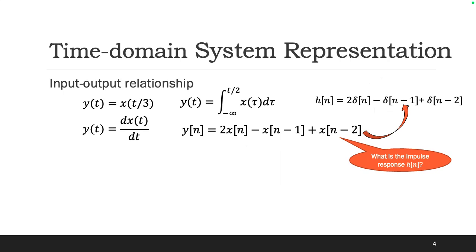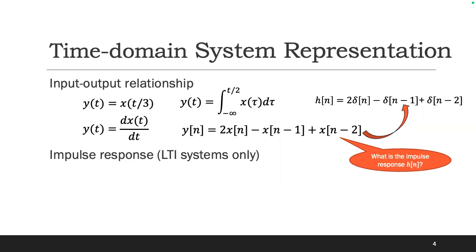And hn convolution with xn is the same thing. If this is the output, xn minus xn minus 1 plus xn minus 2, and your hn equals that, what property do you use? Distributive, and shifting property.